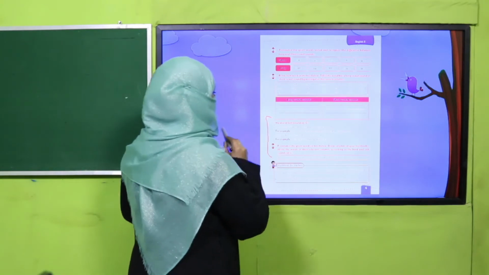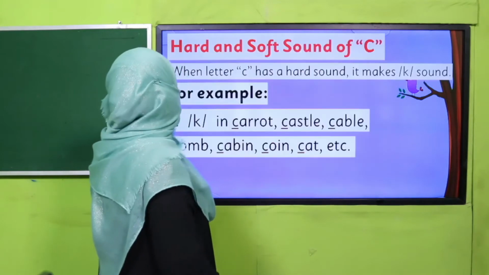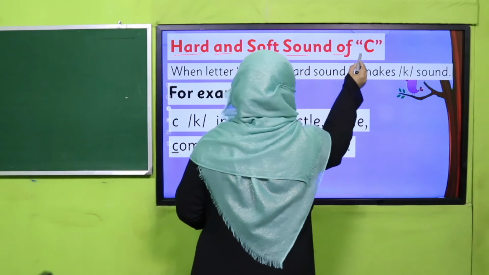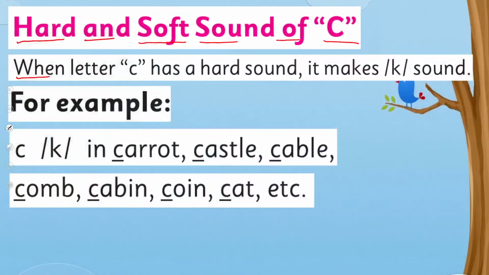All of you, open it and let's see what your book says about it. Hard and soft sound of C. When letter C has a hard sound, it makes K sound. Okay? Means the sound of C is K when it's hard. For example, carrot.